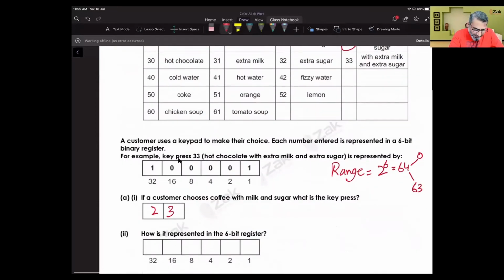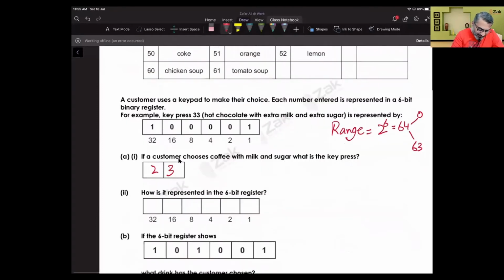Now, how is it represented in the 6-bit register? 16 plus 4 is 20, plus 2 is 22, plus 1 is 23. That is how you can save it. So 23 is 16 plus 4 plus 2 plus 1.